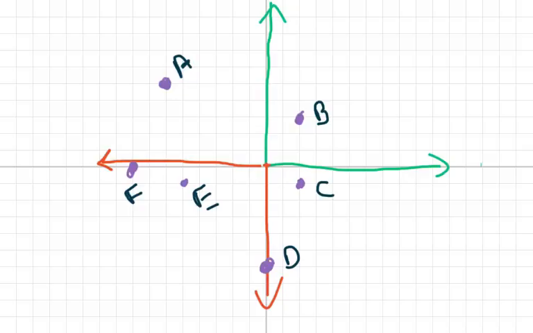We have point A. Right here, I want to know what my x is and my y. Since I always go x first, from x we're going to the left. 1, 2, 3, 4, 5, 6.